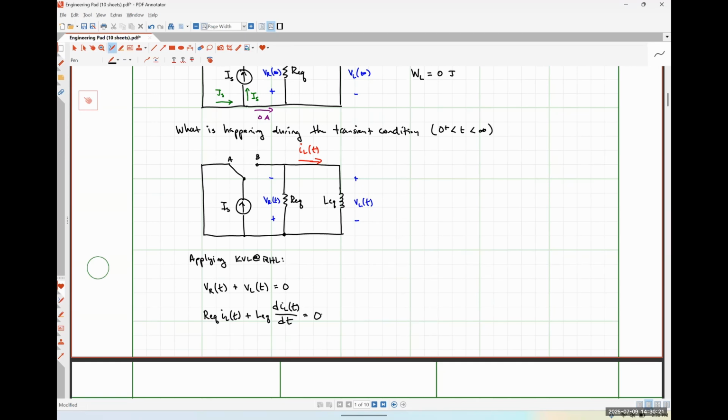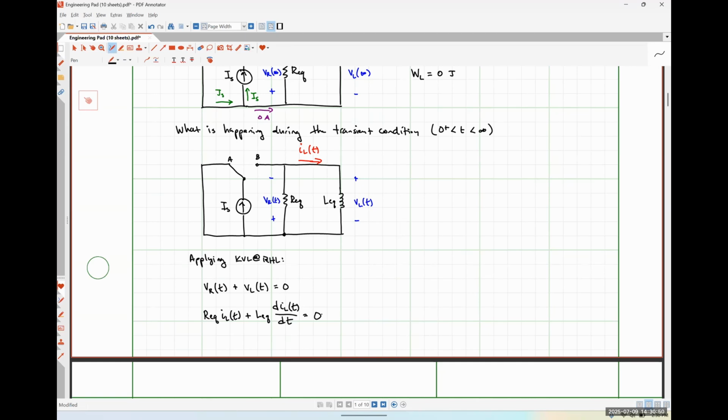So I have my inductor current function multiplied by some constant Req plus the derivative of my inductor current function multiplied by some constant LEQ, and they need to add together to make zero. So what I'm really looking for here is a function that when I add it and its derivative, they might add together to make zero.